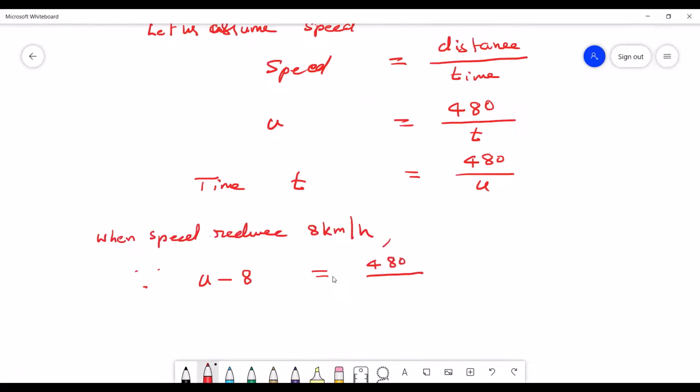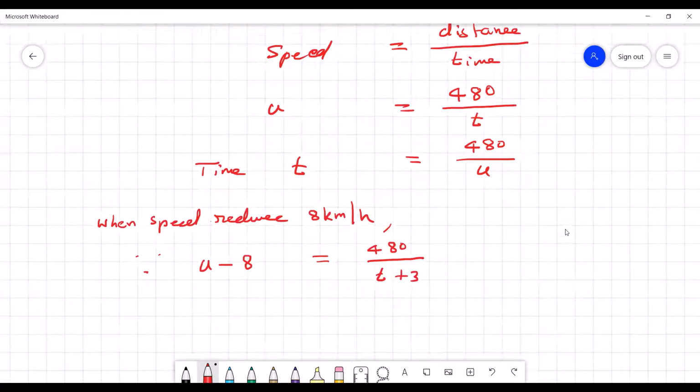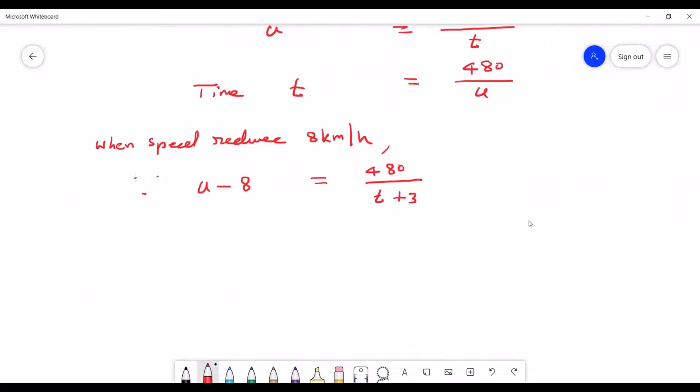How much is the time increasing? 3 hours. So the time will become t plus 3, and the distance is constant, not changing. The distance is 480 only. So u minus 8 into t plus 3 is equal to 480.